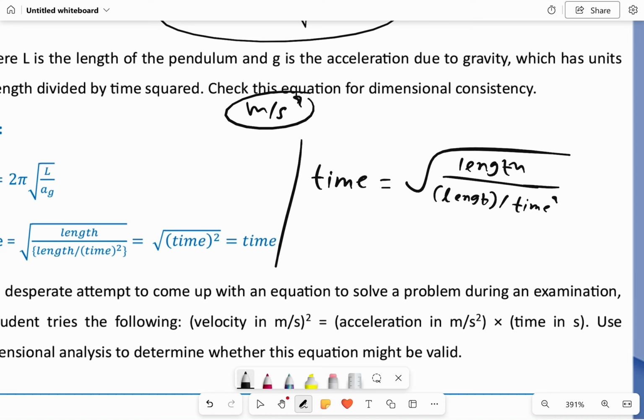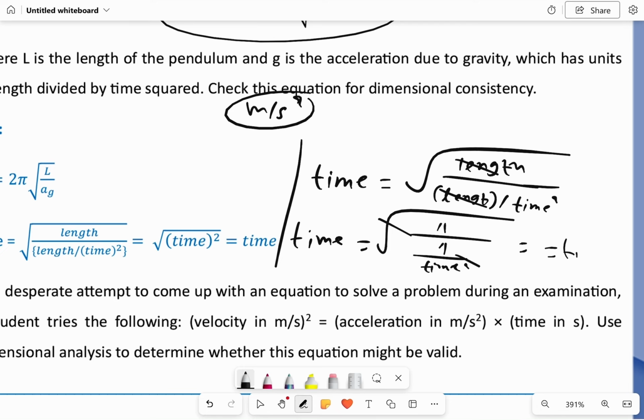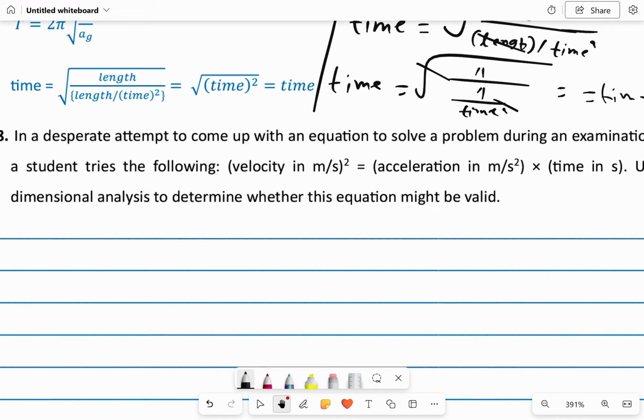Now length cancels with length and you only have time remaining. So this is like this. I'll show you. This is equal to 1 divided by time squared. Then this one cancels with this one, you only have time remaining. So yes, the units are consistent.